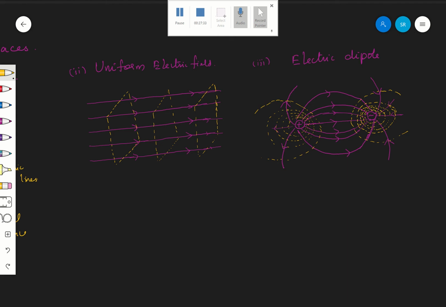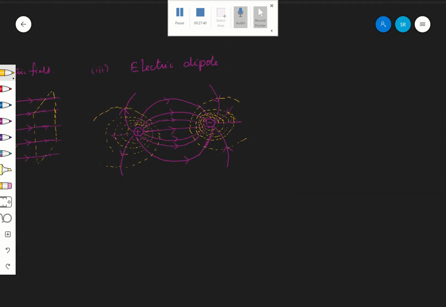Right, next one is two equal positive charges, the fourth one. Here also I think I can draw one more line.